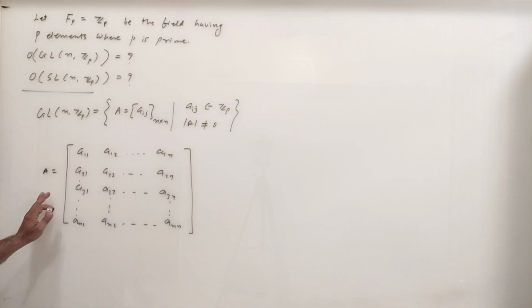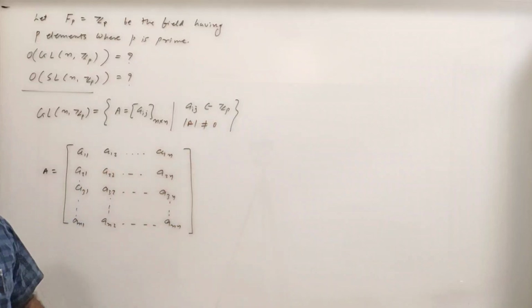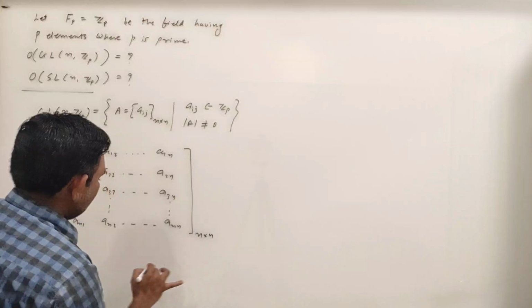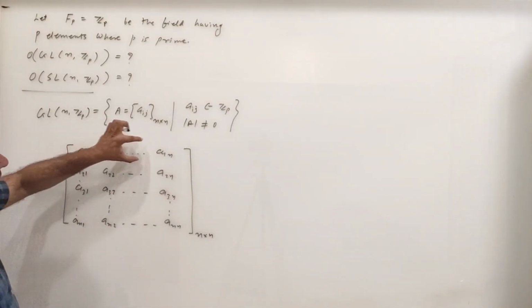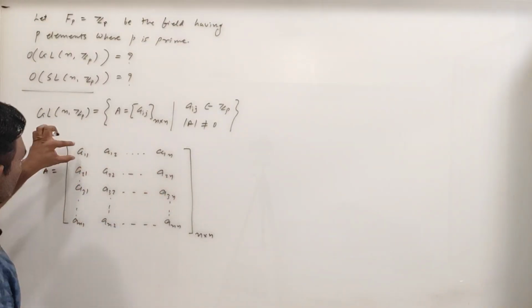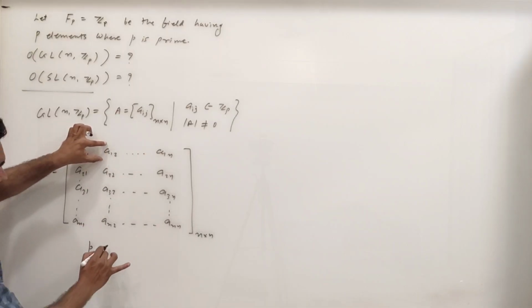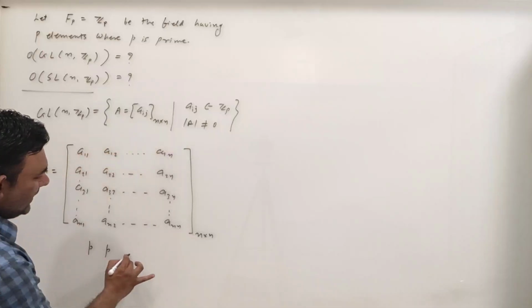So first, all the a_ij belong to Z_p and Z_p has p elements. So here I have n cross n, that is n square elements. This element has p choices, this element has p choices, like that.